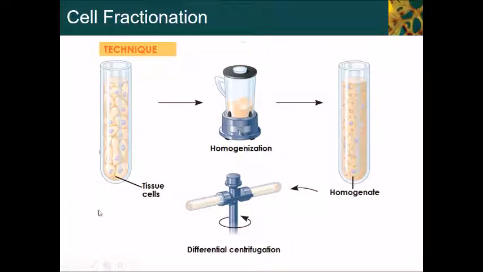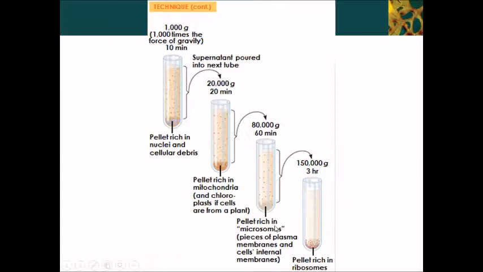So let's look here. Here we have a tissue cell, and then we homogenize it first, and then you put the homogenate in the centrifuge bottle and go through the centrifuge process. For the supernatant, you can separate again the organelles that you can find in the supernatant, in which you pour the supernatant of the first tube into the next tube, you centrifuge again, you pour again the supernatant into the next tube, you centrifuge again.